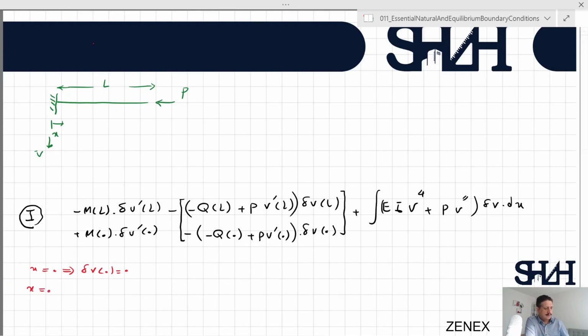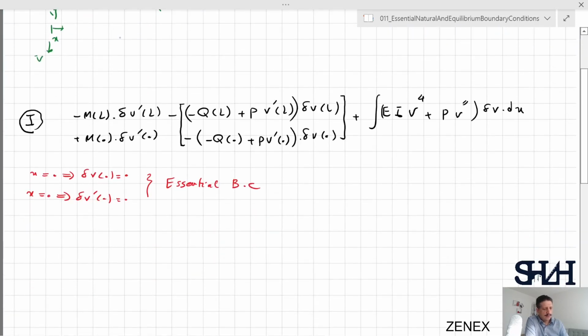At x equals 0, also variation of v prime is 0, there is no slope or rotation. So these two are called essential boundary conditions.